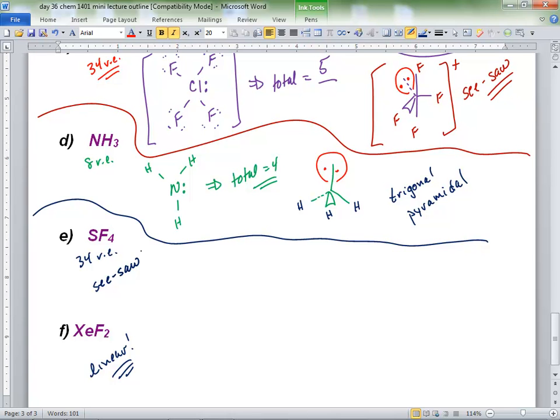We just draw the F's. You have 22 valence, right? So you need a lot more lone pairs. Danielle, is this making sense?